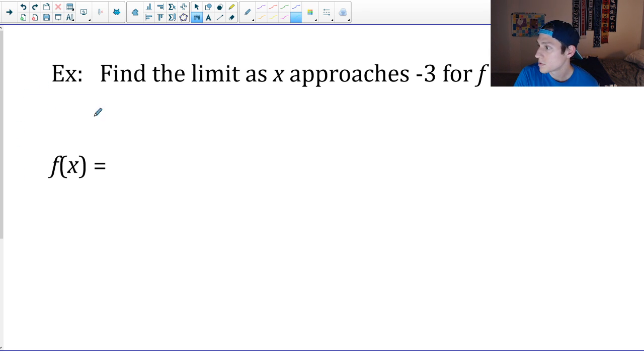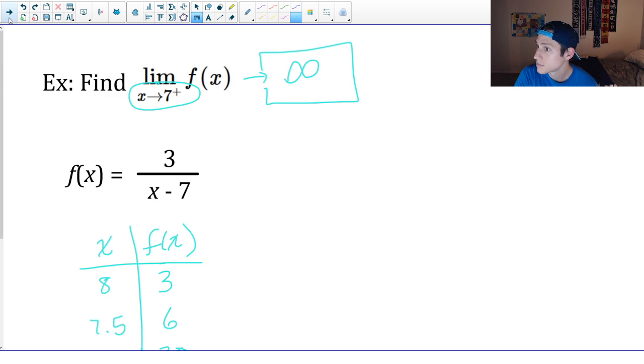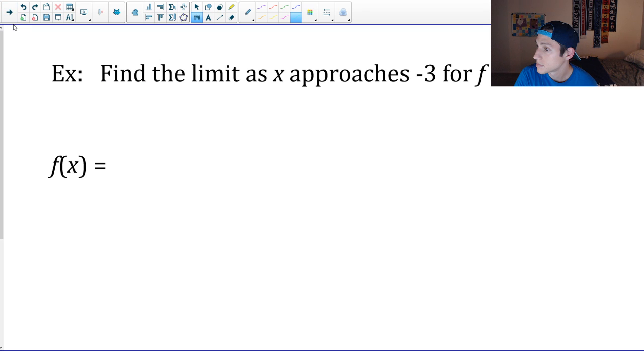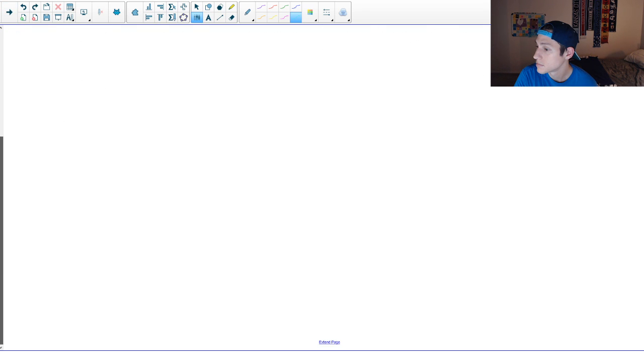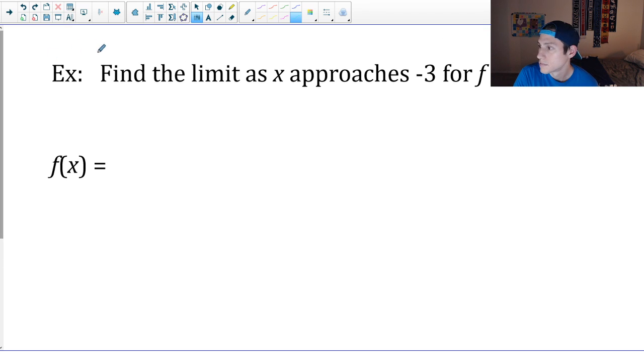Find the limit as x approaches -3 for f. There's no function. What? I don't know what function was supposed to be here.